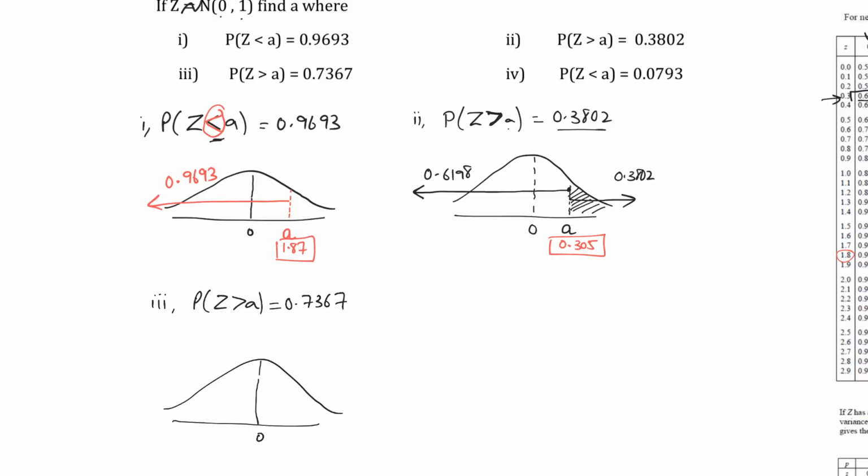Now A should be placed in such a way that the area above the value A must be the body area. So A would be towards the left, such that the area above A is 0.7367. So you can use your table directly for the body area.